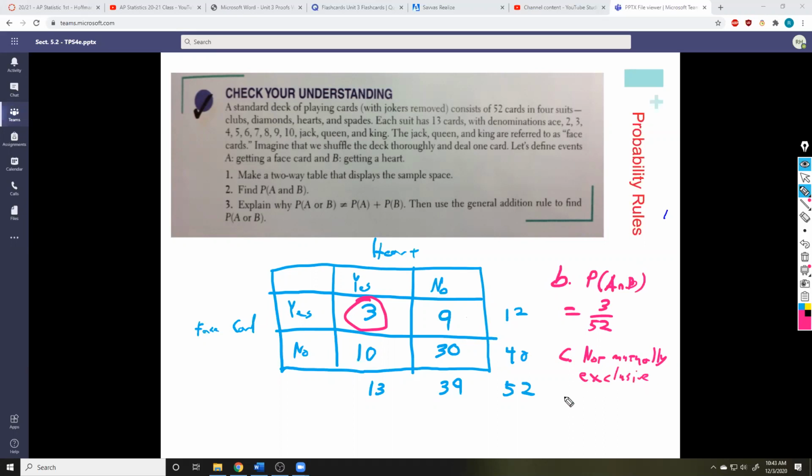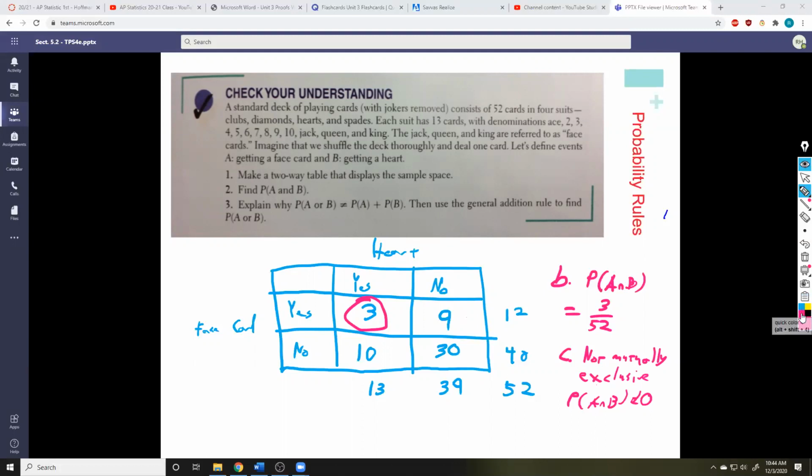Because the probability of A and B is not 0. Right? The answer to this was not 0. There are face cards here that would also be hearts. So we are double counting if we were to just add them together.